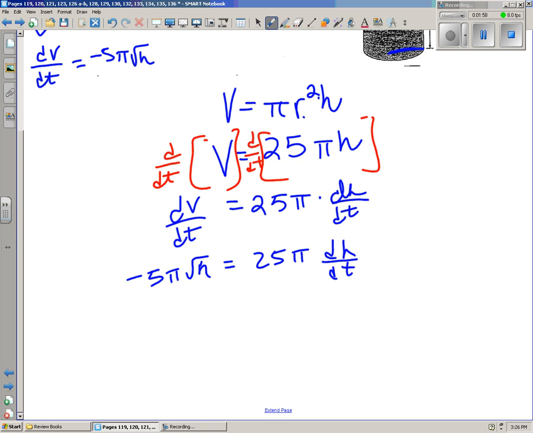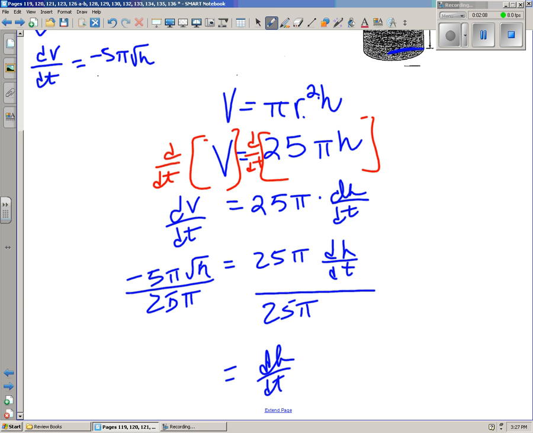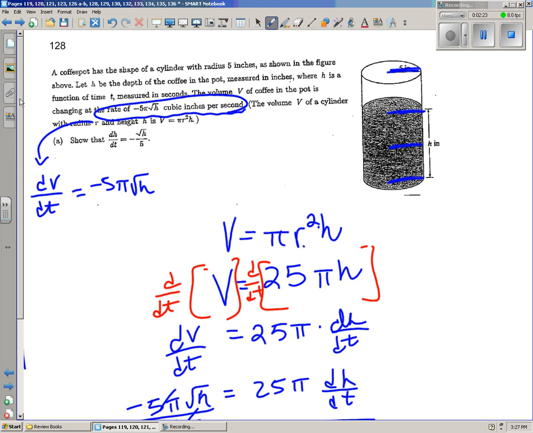And we want to solve for dH over dt. That's what they were asking us for. Divided by 25 pi, dH over dt is equal to, the pi's cancel, negative 5 over 25 reduces to negative 1/5. So we get negative radical h over 5, as they wished for.